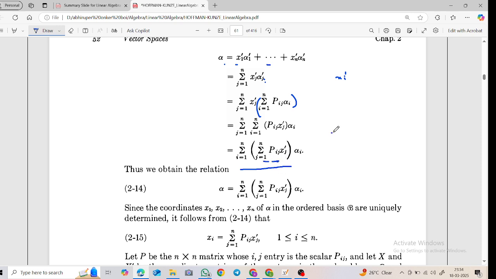So if you write summation xi alpha equals to, your xi is this, summation Pij xj prime. Okay.